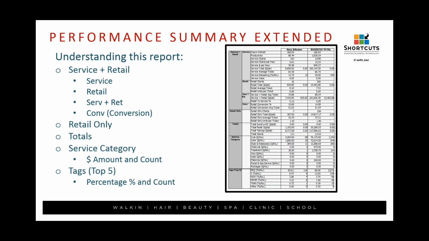Just like our business employee performance report, this one shows us the tag breakdown. It will show us the top 5 tags that are used and give us a count for that particular employee. So again, with the performance summary extended, it's basically some of the same information broken down in a different way and giving you some extra detail.